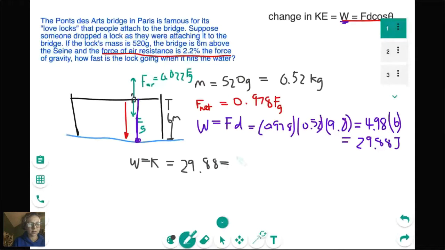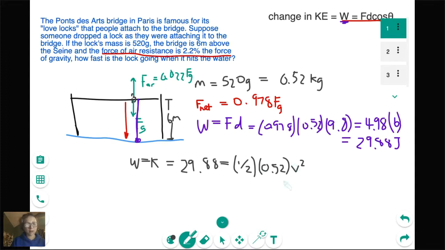So that's going to be 1/2 times the mass, which is our 0.52, times v squared.